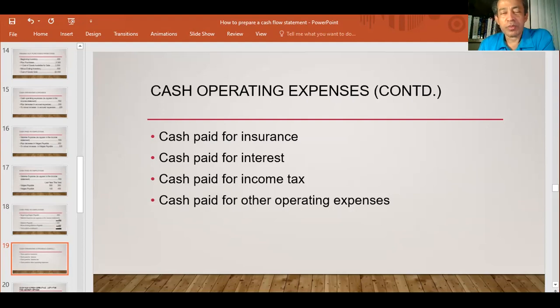Rent expense of $5,000 plus any decrease in rent payable. So all decreases would be added, because to get rid of those dues or accrued amounts, we would need more cash. That means we paid more cash to get rid of those owings.